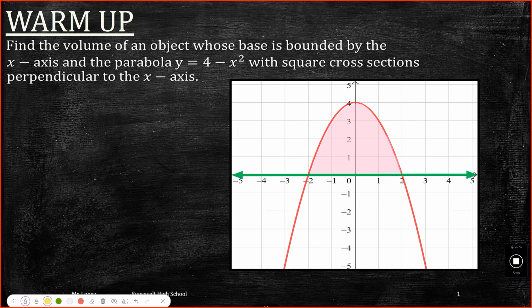So when we do it, it's going to be an integral, and you're going to find the area here, dx, with bounds from -2 to 2. For sure, -2 to 2.